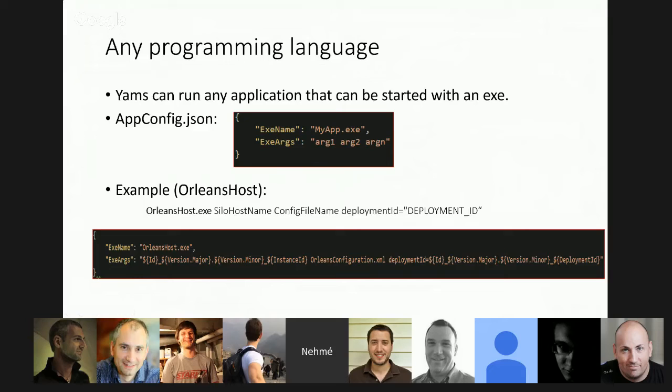So if I have two Orleans applications running on the same host, they don't conflict with each other. And the same for deployment ID. I also use a prefix, and then the deployment ID is unique across the whole cluster, which is also what Orleans requires. So with that Orleans host.exe, which is a NuGet package, I can just start an Orleans application.